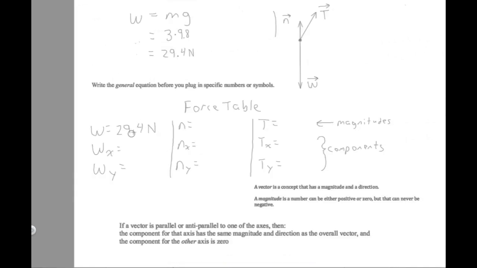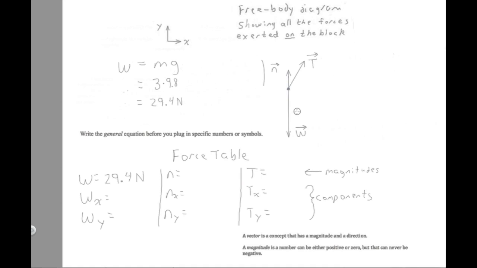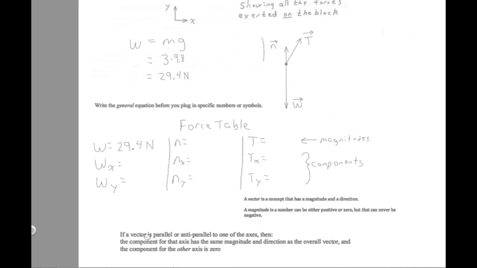Now we need to break this weight force into components. How do we do that? Well, notice that our weight force is anti-parallel to the y-axis. Do you see why I call it anti-parallel? I say the weight is anti-parallel to the y-axis because they point in opposite directions. Well, here's the method for when vectors are parallel or anti-parallel to one of the axes.